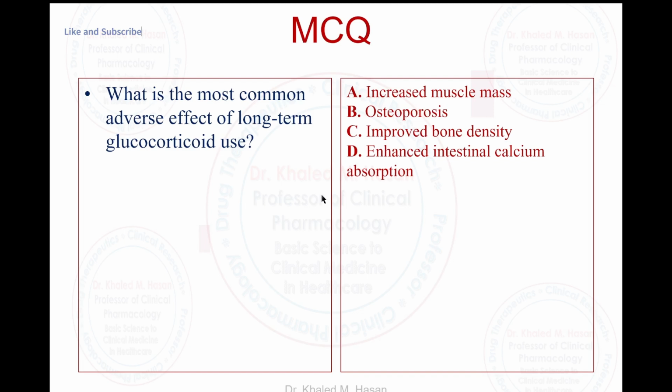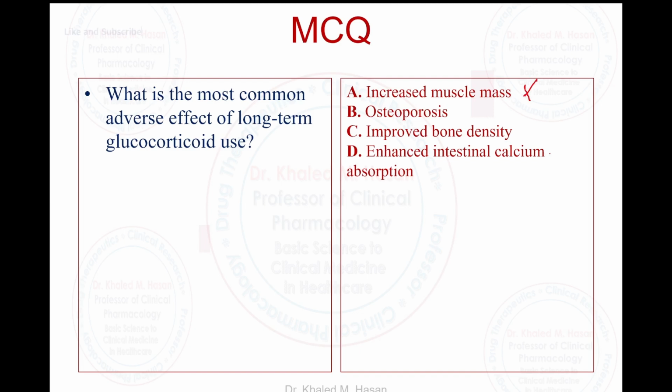So the question now: what is the most common adverse effect of long-term glucocorticoid use? Increase muscle mass, osteoporosis, improve bone density, enhance intestinal calcium absorption. The first one is not correct, because cortisone decreases muscle mass.